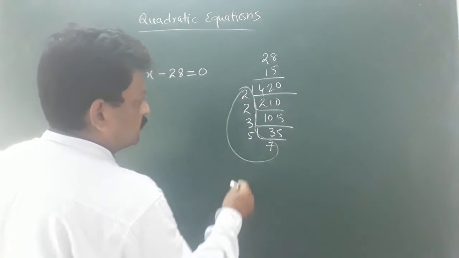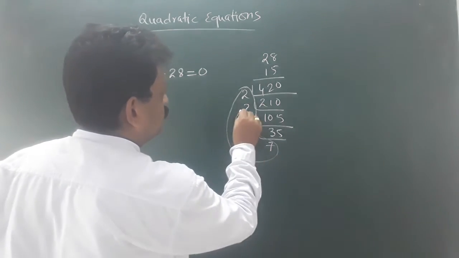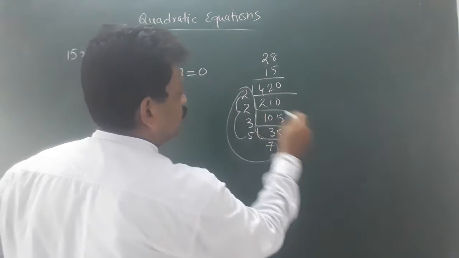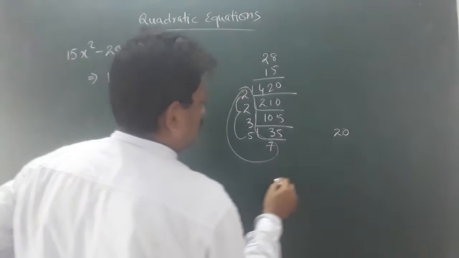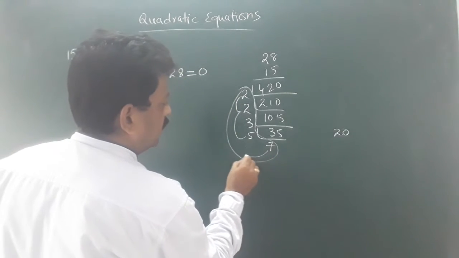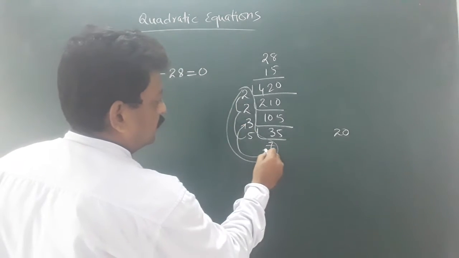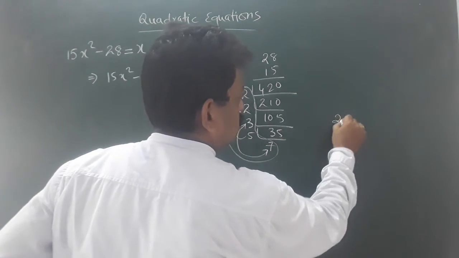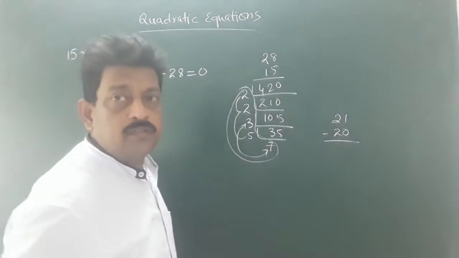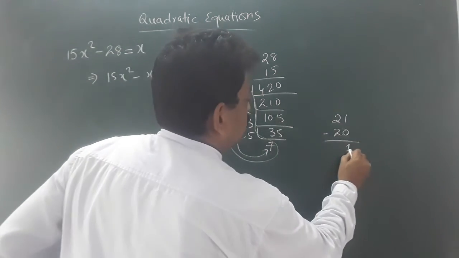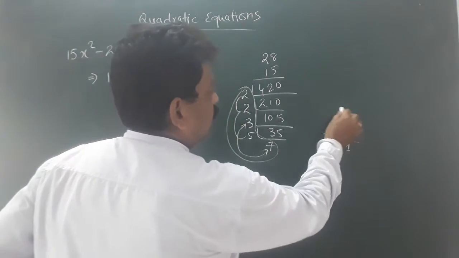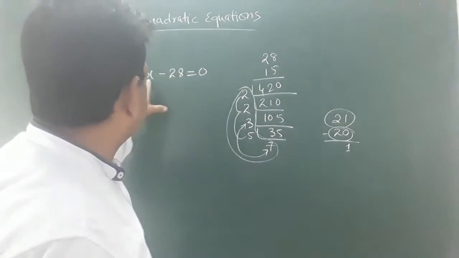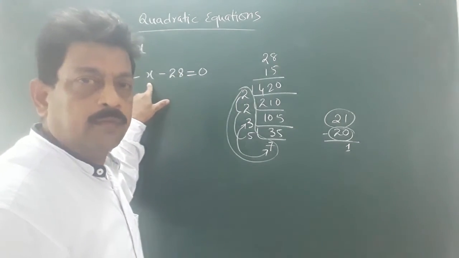Now check this. Let me take 5, 2 and 2. So 5 multiplied by 2 is 10, 10 into 2 is 20. And 7 and 3, 7 threes are 21. Now their difference is 1. So it is quite clear that 21 and 20 will be the two factors after splitting the middle term.